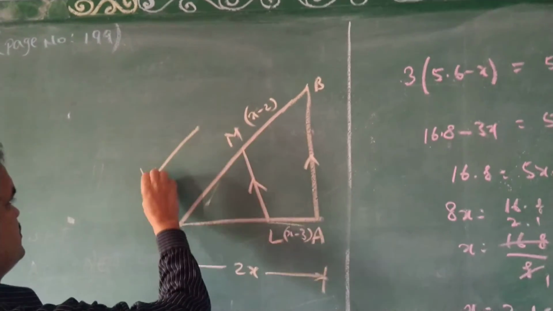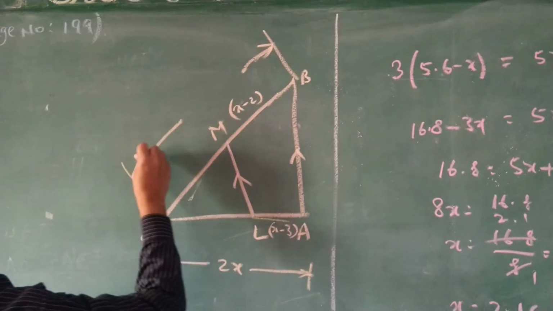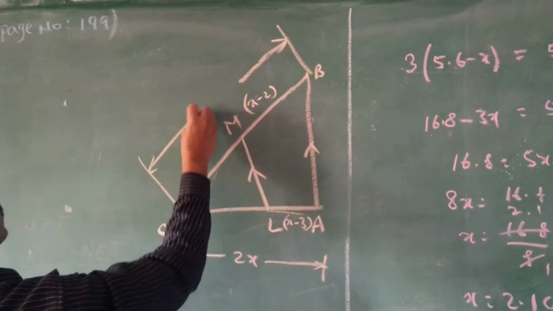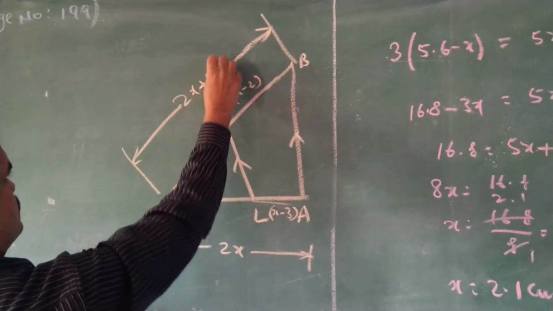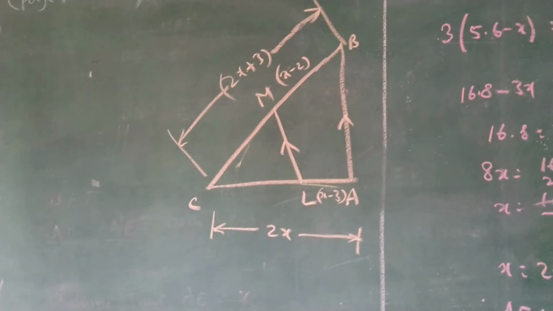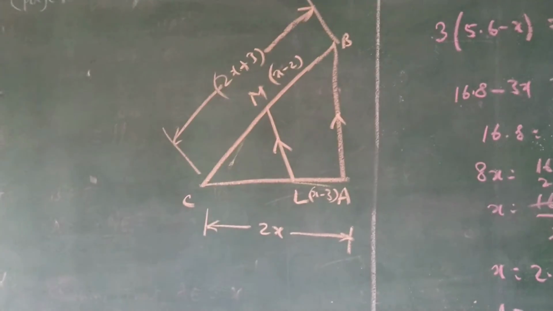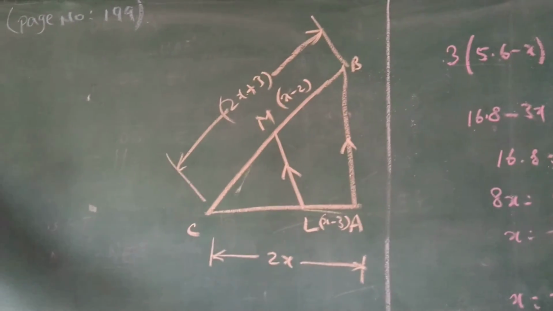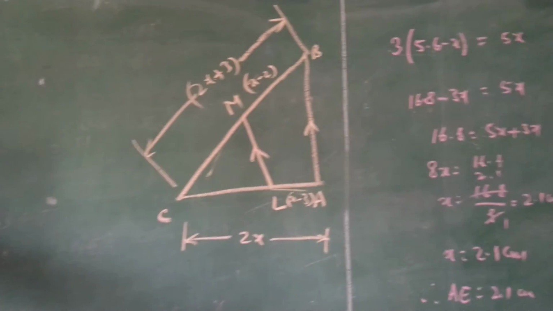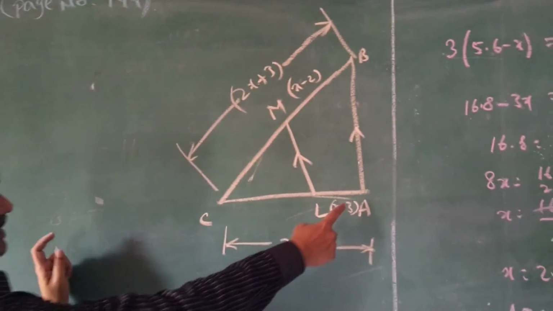BC is equal to 2x plus 3. We have to find the x value. In this problem, example 2, you see triangle ABC.